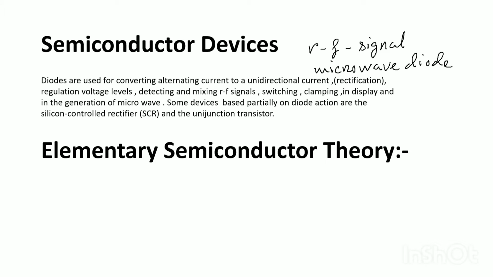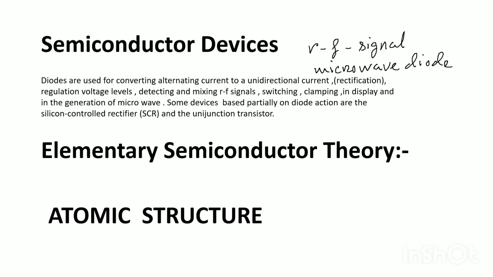For a few devices, such as the tunnel diode, the concept of electrons being wave-like in nature seems best suited for describing their operation.